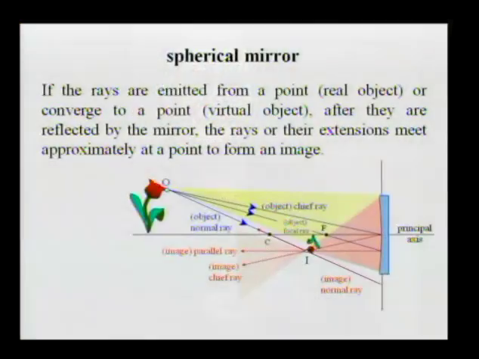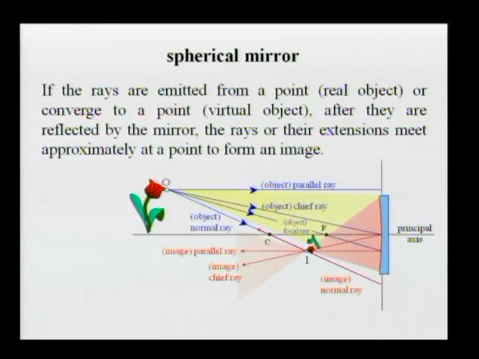And there is one more ray which is easy to trace, and that ray is the object parallel ray. So it is parallel to the principal axis, but it is coming out from the object, and it is object parallel ray until it interacts with the optical element.